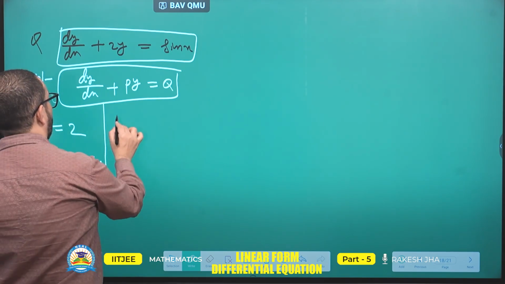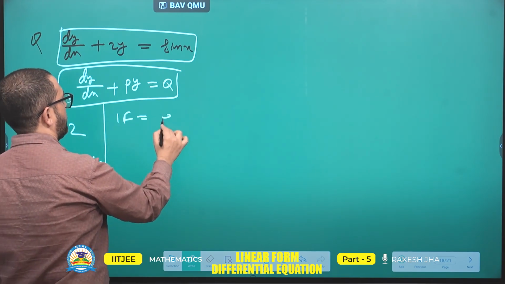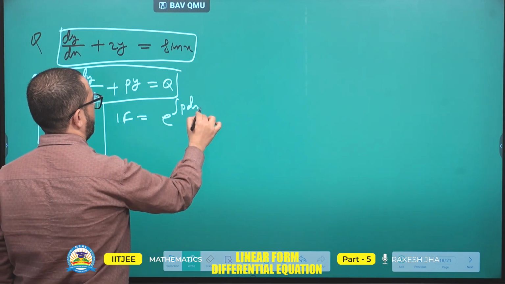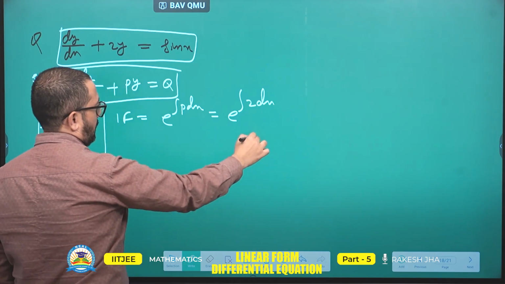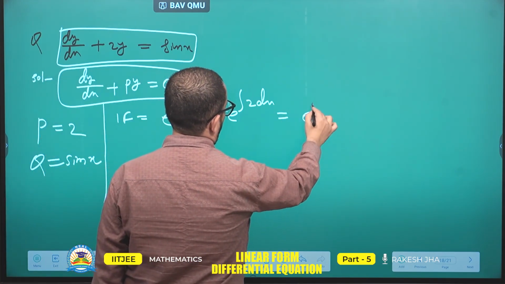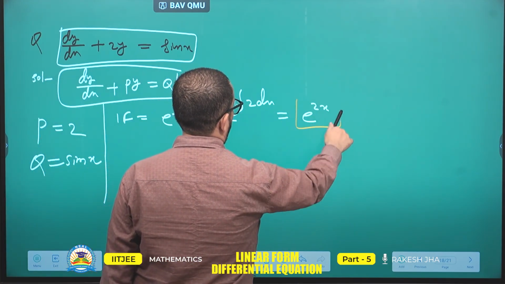Now we have to find the integrating factor, that would be e raised to the power integral of p dx, that is e raised to the power integral of 2 dx, and then e raised to the power 2x. This is the integrating factor.